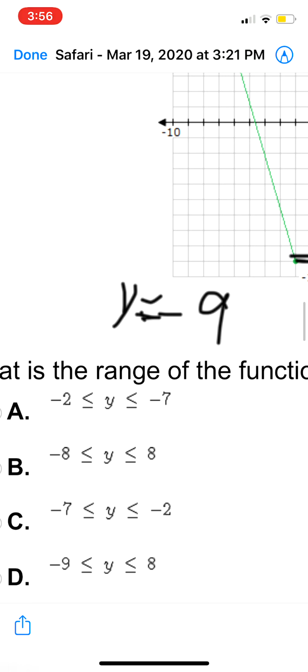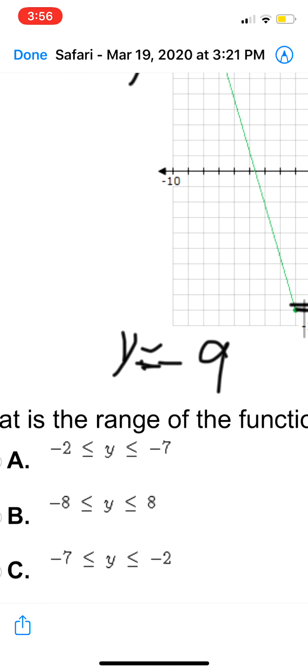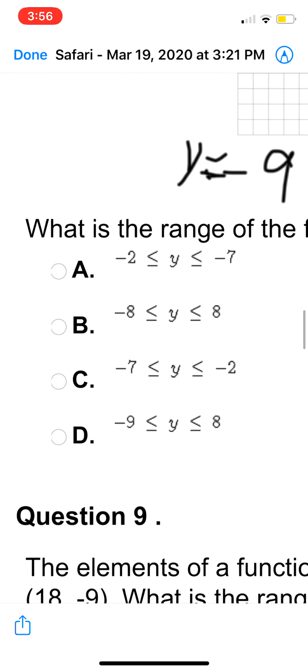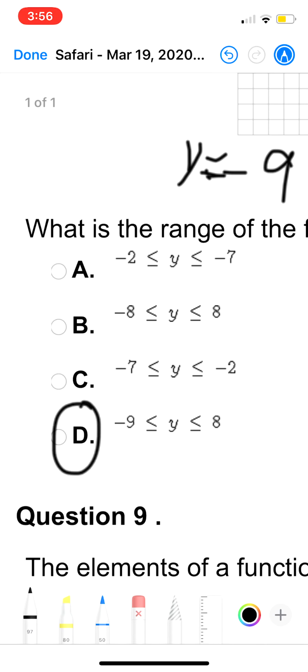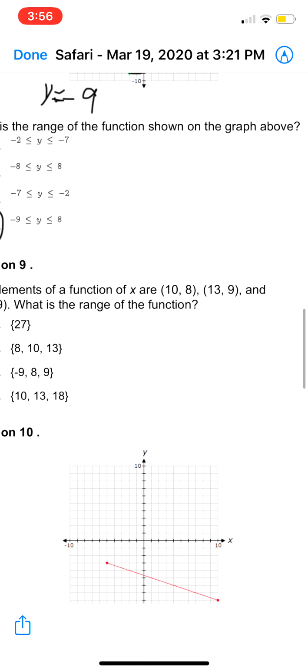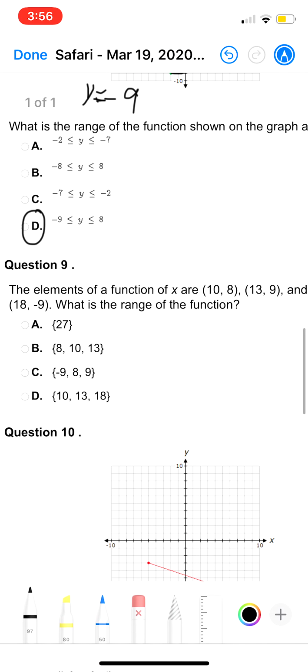The smallest number goes on the left, the bigger number goes on the right. So it should go from -9 all the way up to +8, which is represented by D. Number 9, it's asking for the range, and we already did a question similar to this, so it would be -9 to 8, which is C.